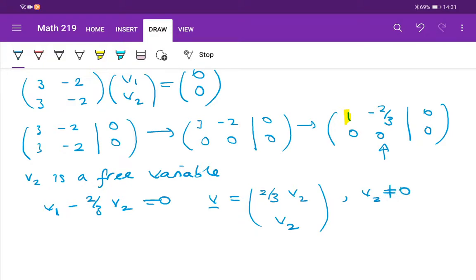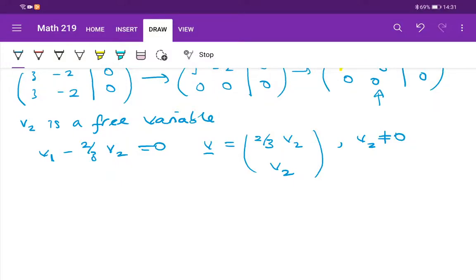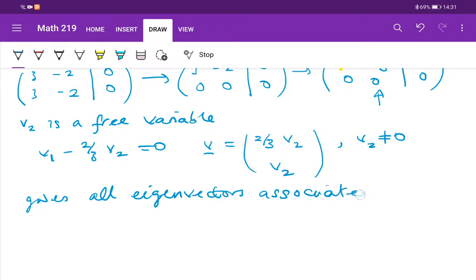This gives us all eigenvectors associated to our eigenvalue lambda 1 equals minus 2.